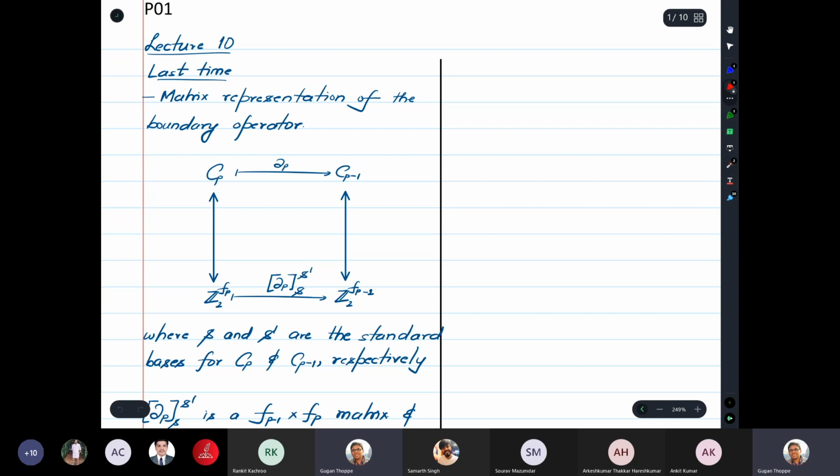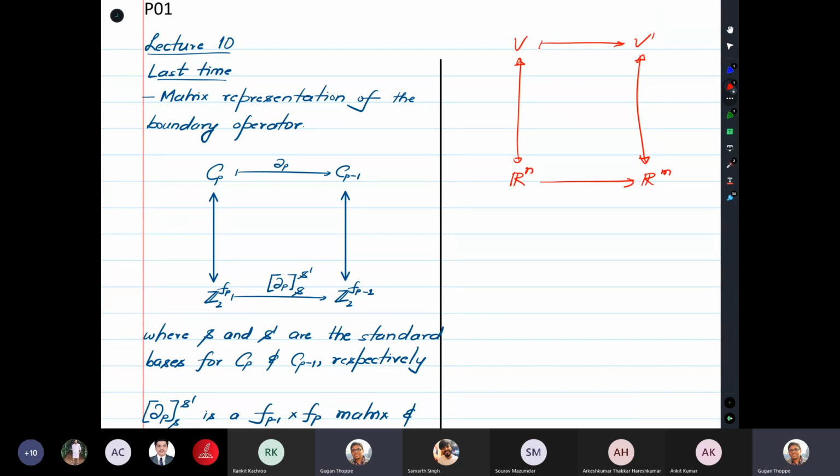If you have two vector spaces V and V prime, where V is n dimensional and V prime is m dimensional, one can find a basis for both, so that we can represent the coordinates of the vectors in V and V prime using vectors in Rn and Rm respectively. And if we have some operator T, then one can find a matrix representation for it.